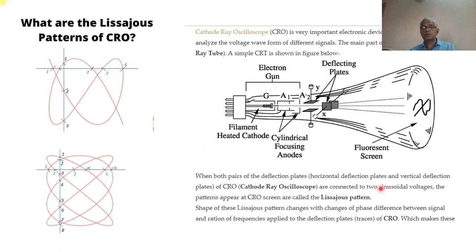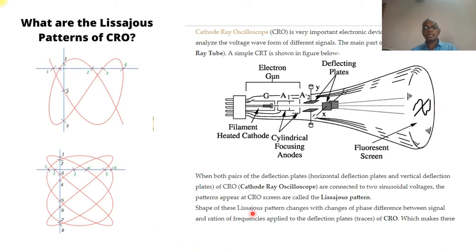This cathode ray oscilloscope is connected directly. One plate, either the YY or XX plate, is connected to a sinusoidal wave. Sinusoidal means a sine wave, which is an alternating wave, and then the Lissajous pattern is traced out and observed on the CR tube.